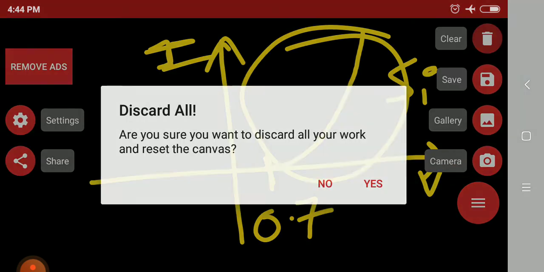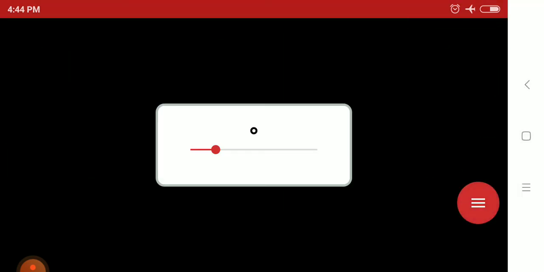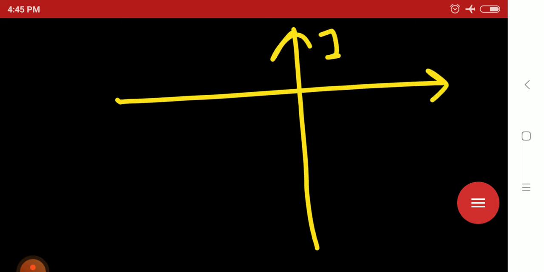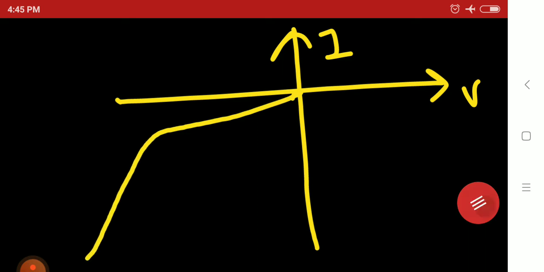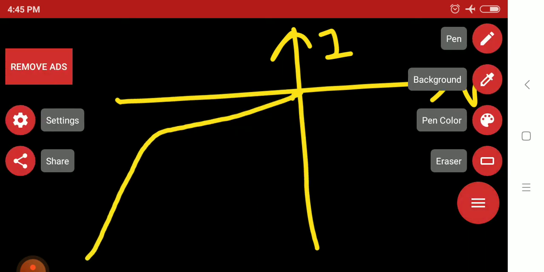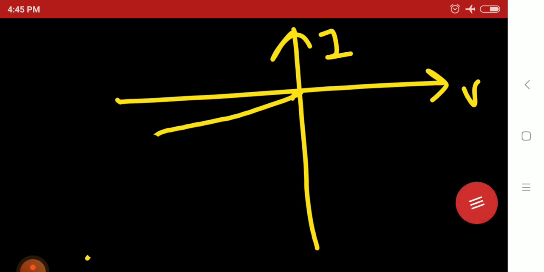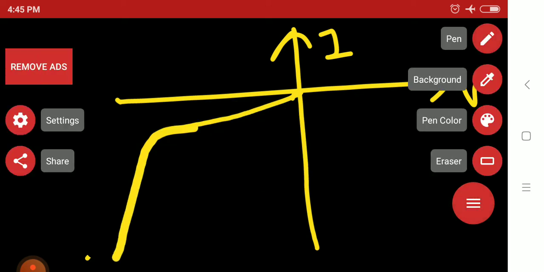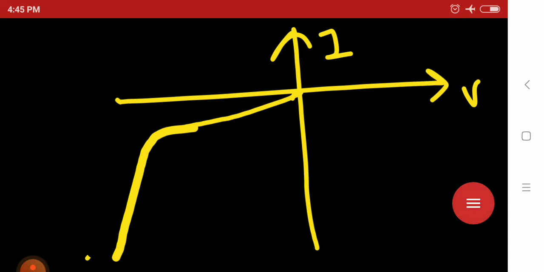But in the case of the Zener diode, what will you see? In the case of the Zener diode, you will see the I versus V graph, and from this portion the graph is decreasing continuously.